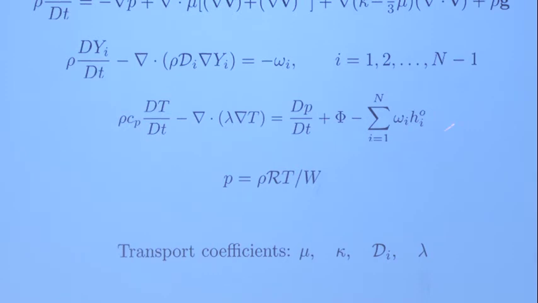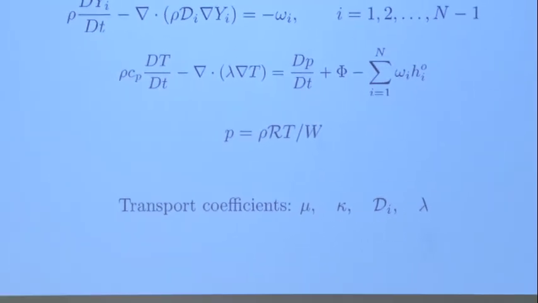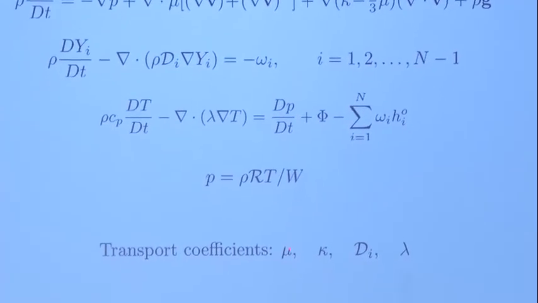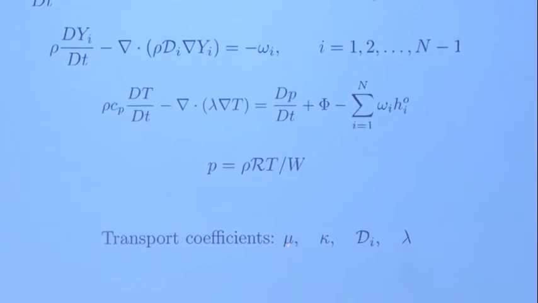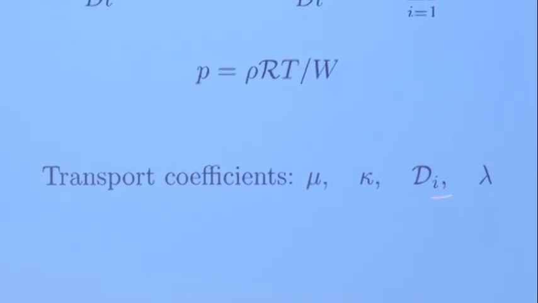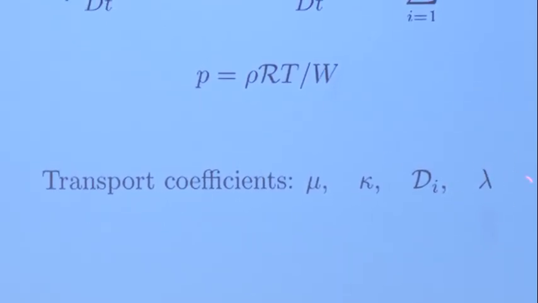We can count them again, but I did that exercise before, so it's about the same as before. The only thing which we have to speak about briefly is the transport coefficients, which are the viscosity, bulk viscosity, diffusivity, and conductivity. And I'll talk about that after the break.